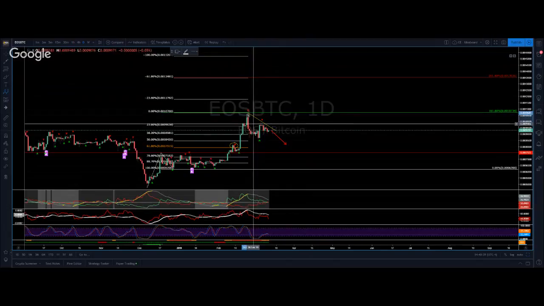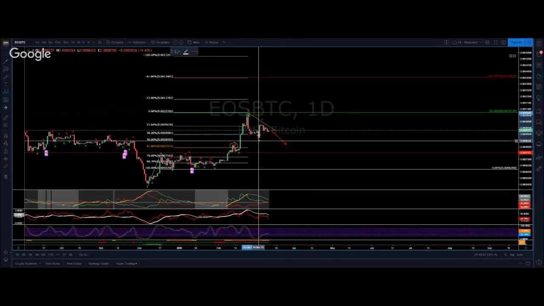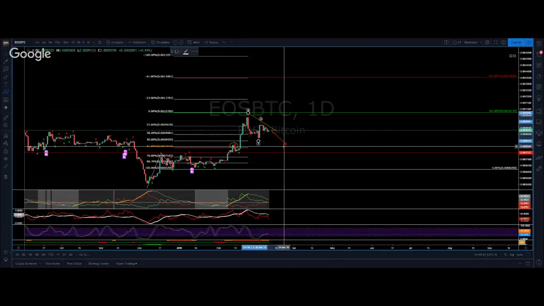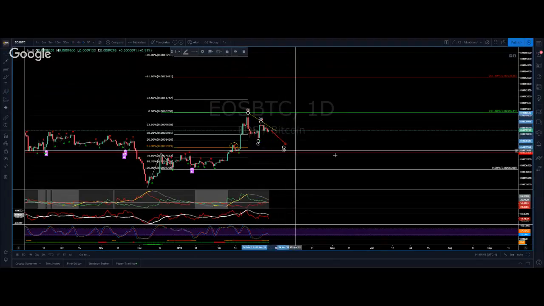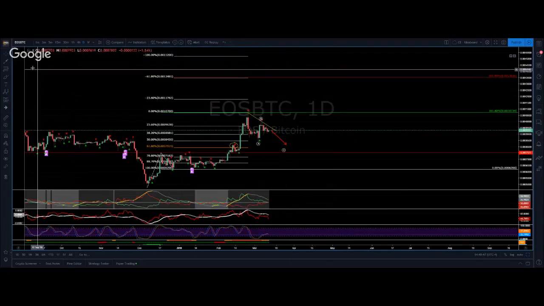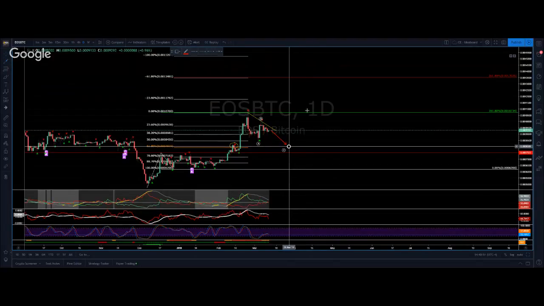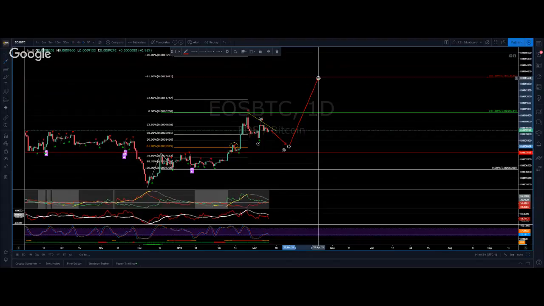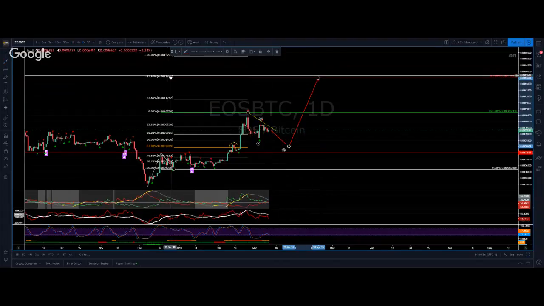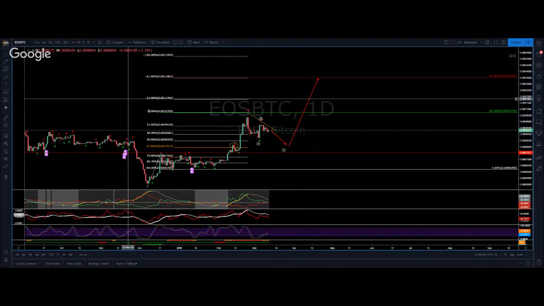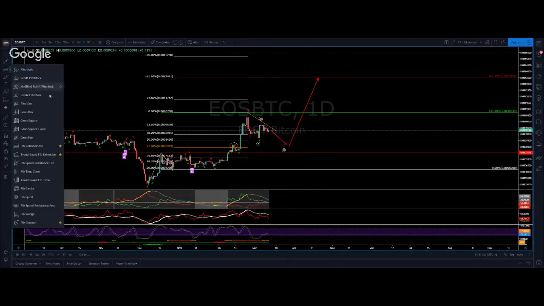So again, I'm just seeing this as an A, B, C correction going down here to approximately the 618 before it's able to turn around and push up out of this area and get ourselves up to this area right here.